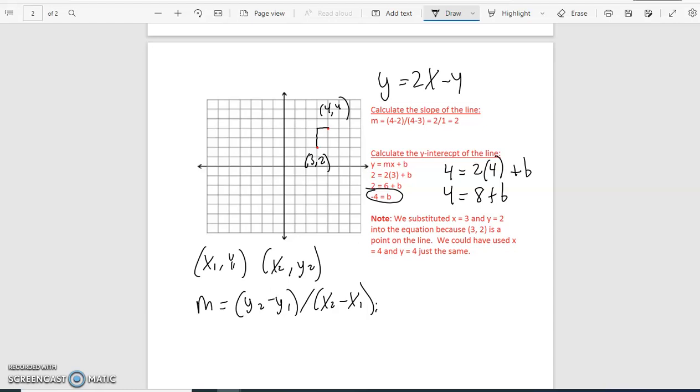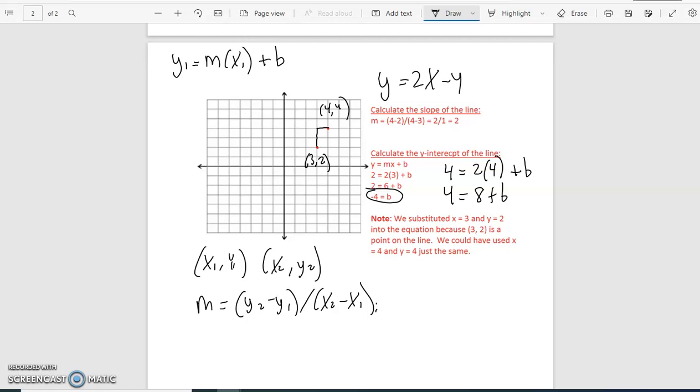So my equation would be, I'll do some scratch work here. y1 is equal to, well, we just calculated the slope of this line. Now I know that. It's m times x1 plus b, right? So we know m. We just calculated that. That's a known value now.